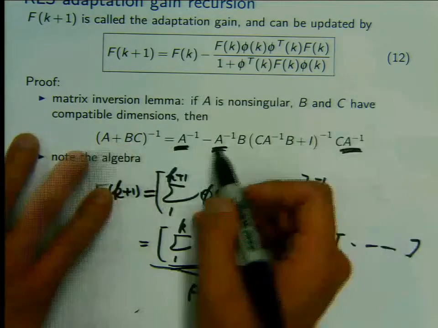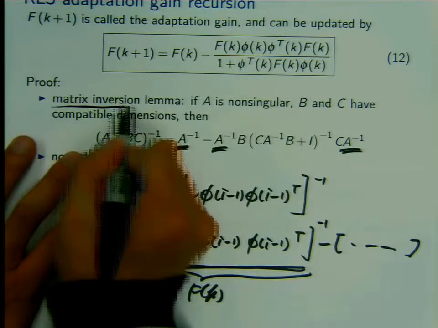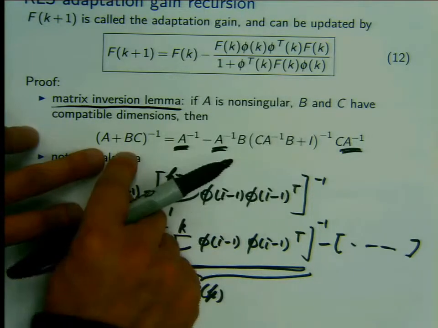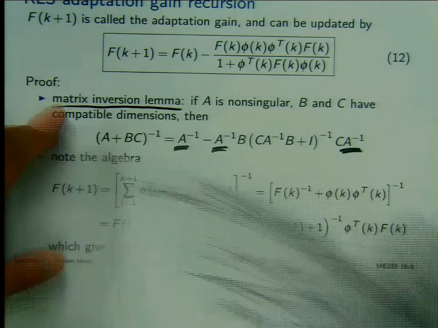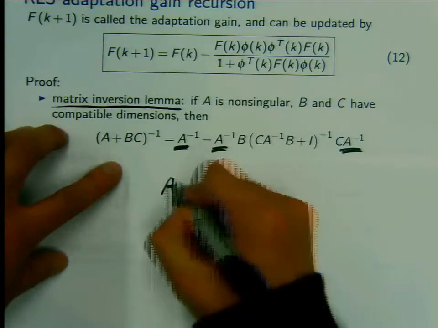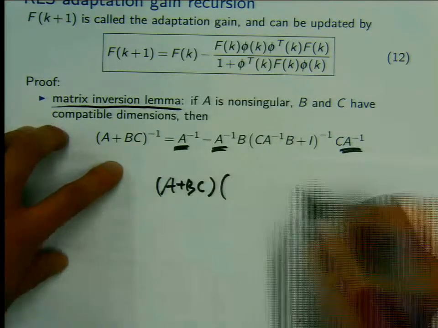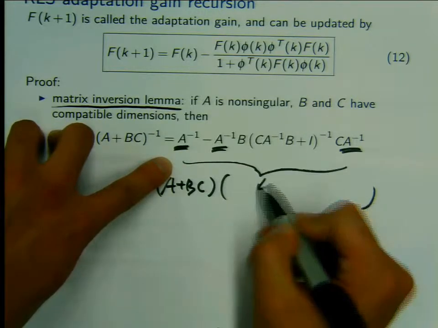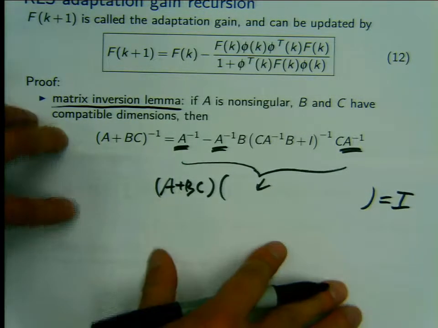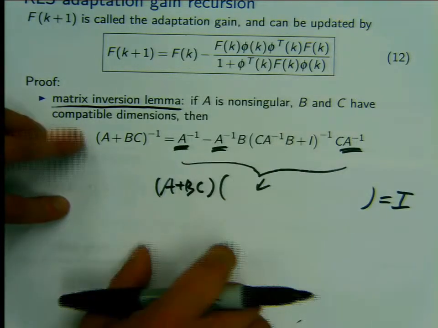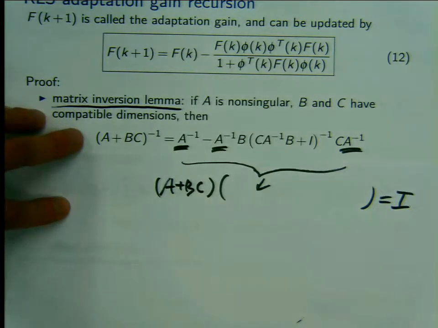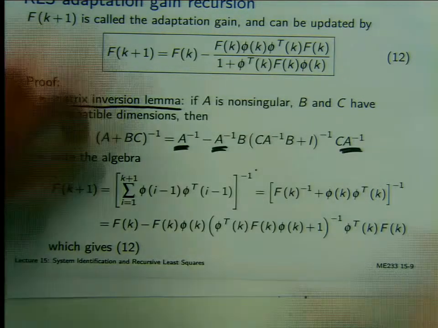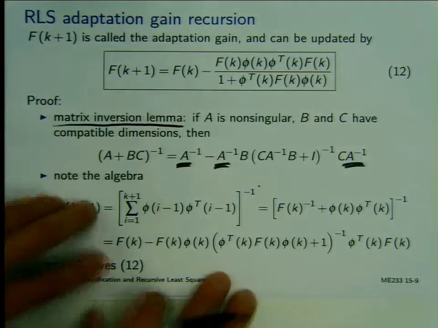This is a general version of the matrix inversion lemma. Okay? You can verify that this is true by, for example, computing A plus BC times this whole term here. You can verify that this is identity, so this is actually the inverse of this guy. But we won't be doing that in the class. You can do this as a homework or something.